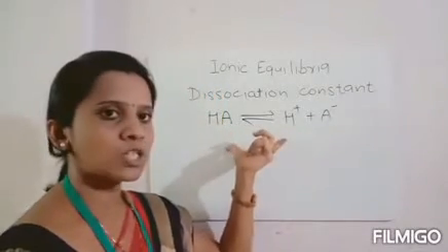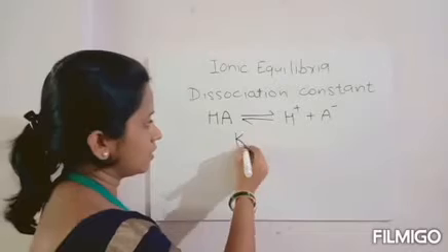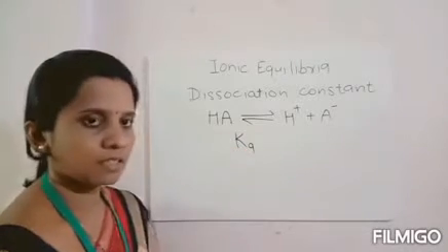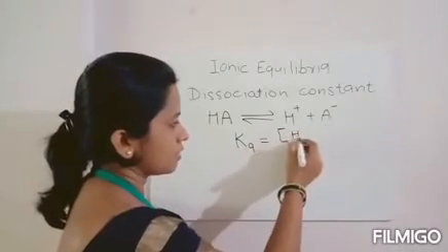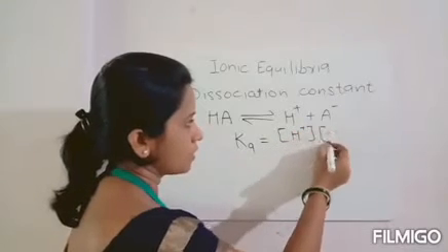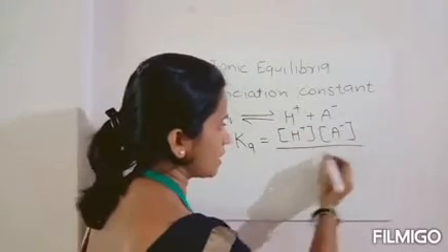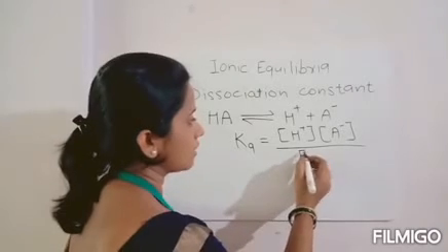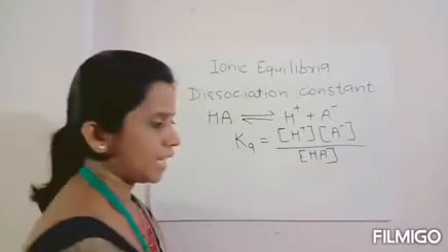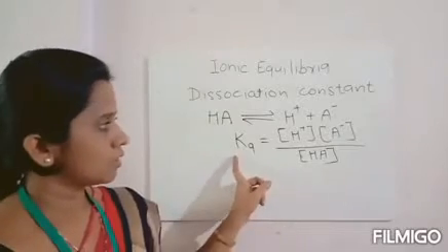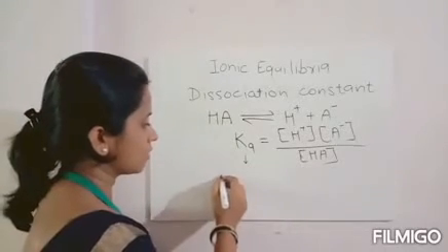So the dissociation constant for this acid, Ka, is given by the expression: concentration of H plus into concentration of A minus divided by concentration of HA.